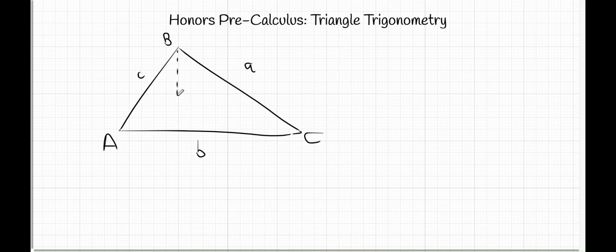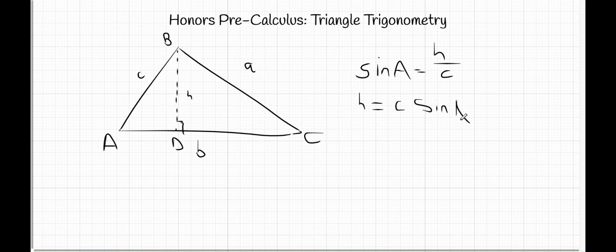We just draw an altitude, some height h, and what we can see is that we divide it into two right triangles. So in this first right triangle, let's call this D, by the way. In this first right triangle, we see that sine of angle A is equal to, well, it's the opposite over the hypotenuse, so h over c, which means that h is equal to c sine A, multiplying both sides by c.